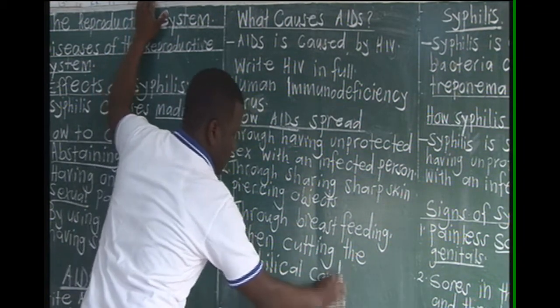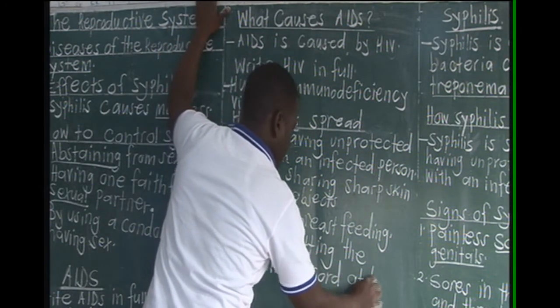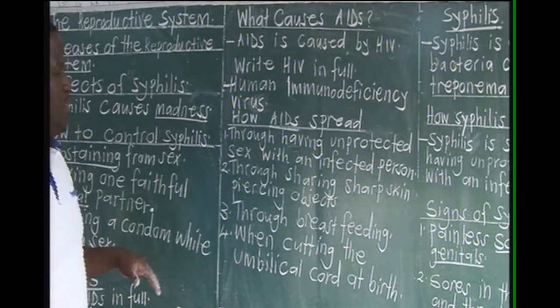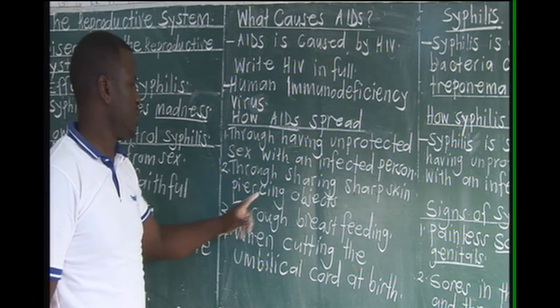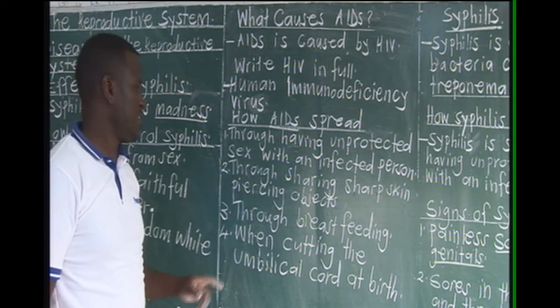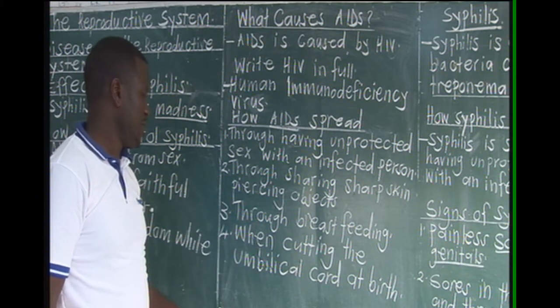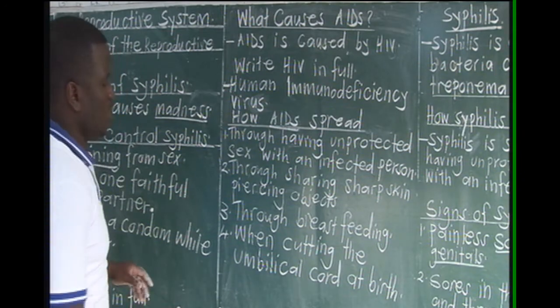So HIV can be spread through having unprotected sex with an infected person, through sharing sharp skin piercing objects, through breastfeeding, and when cutting the umbilical cord at birth.